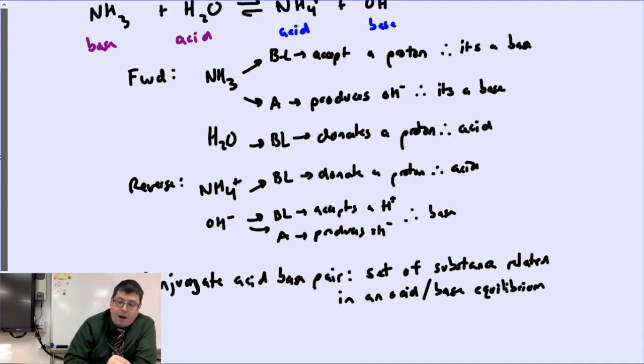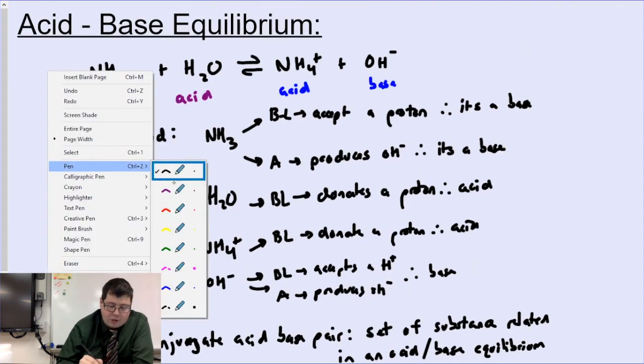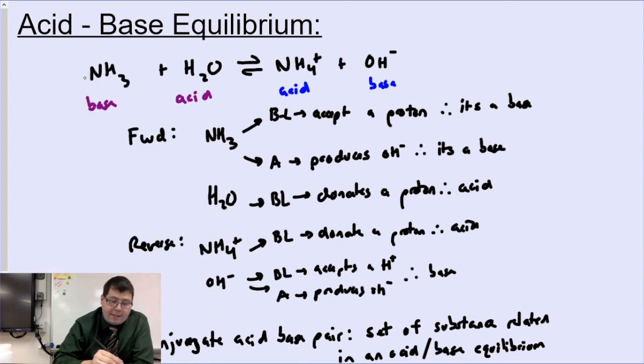So we can see up in our reaction here that this NH3 and our NH4+ are related. They form a conjugate acid-base pair.